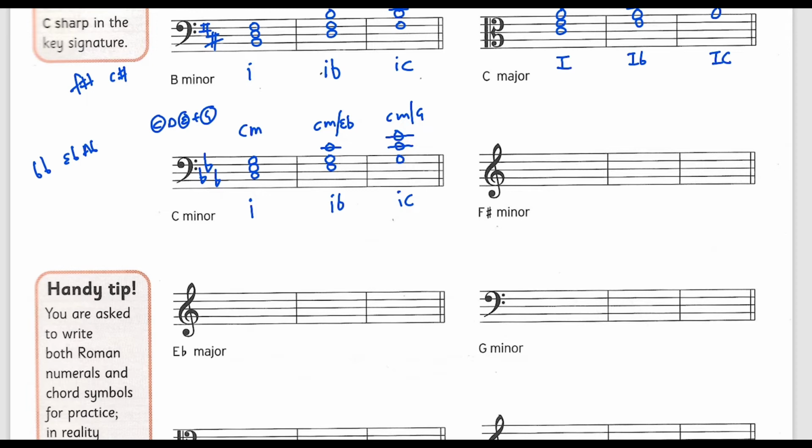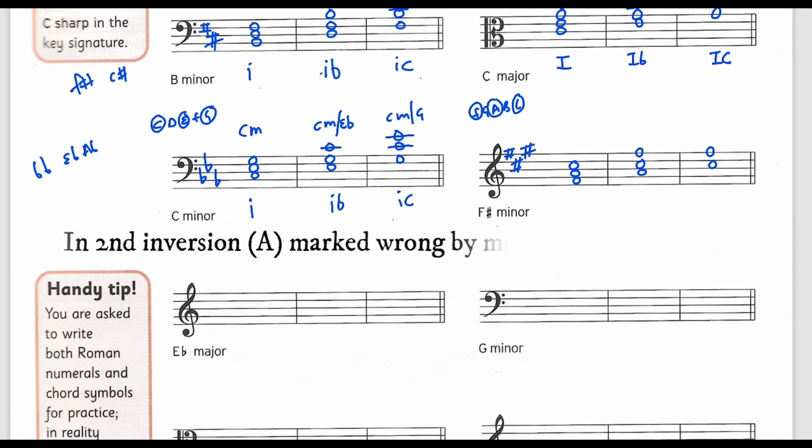So F sharp minor, we know we have as a key signature, three key signature, that is your F, C, and G. Okay, so let's make, here we're gonna go F, G, A, B, and C. So we're gonna use F, A, and C. So let's start from F here, from this one, F, A, and C. Next one should be A, C, and F. Last one should be A, F, G, A, B, and C.